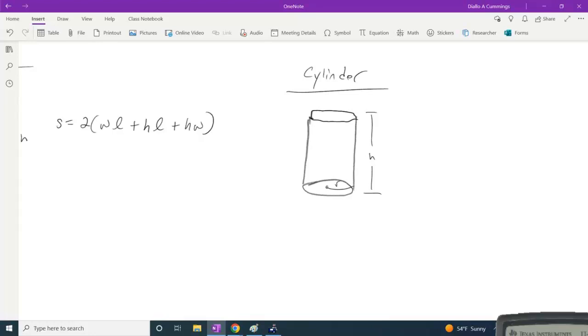So the surface area for a cylinder is going to be 2 times pi times r times h plus 2 pi r squared.